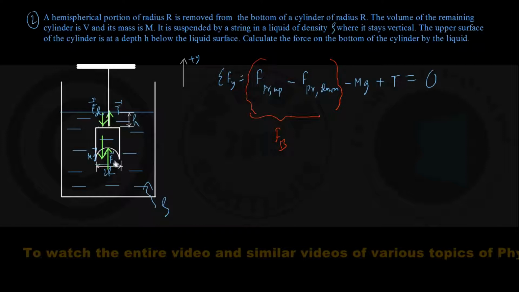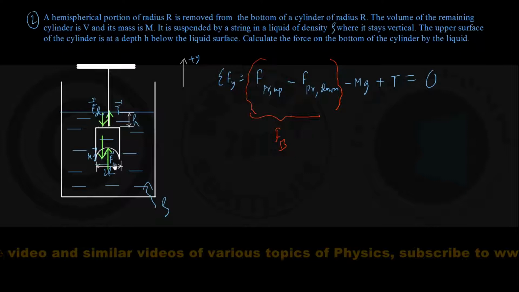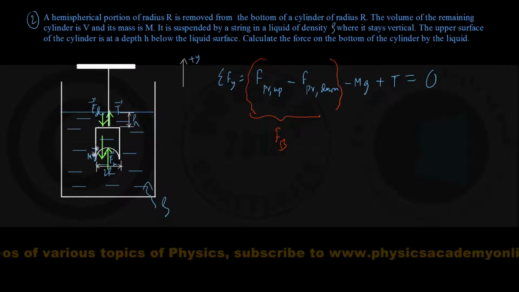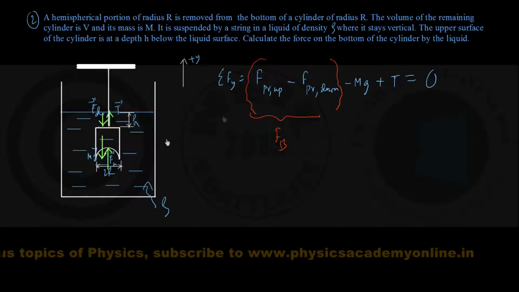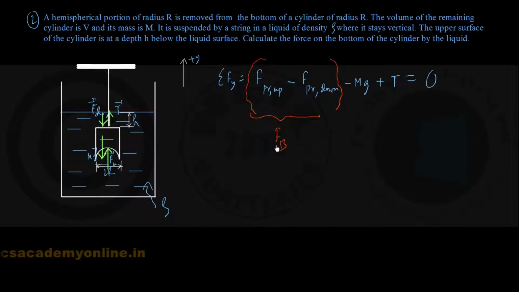We have learned the force of buoyancy is the vector sum of all the pressure forces acting on the body exerted by the liquid, and in this case horizontal forces cancel each other out and the vertical force upward is greater than the downward force, and net force acts upward, and that is called the force of buoyancy.